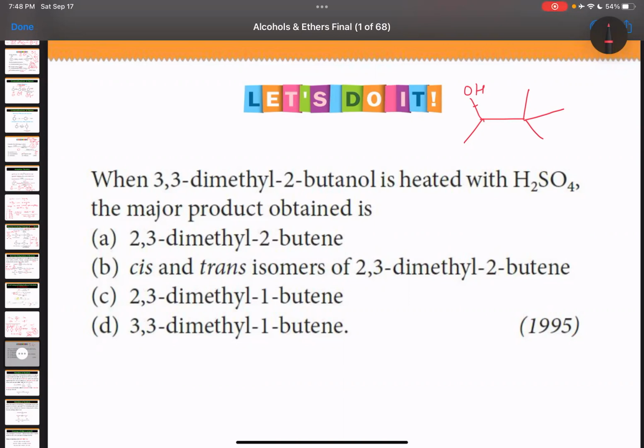What's going to be the answer? Option D? 3,3-dimethyl.